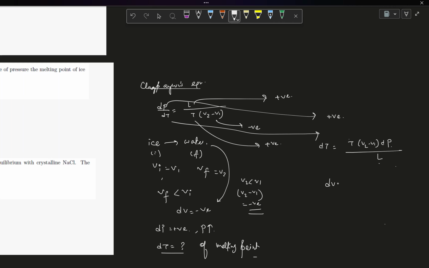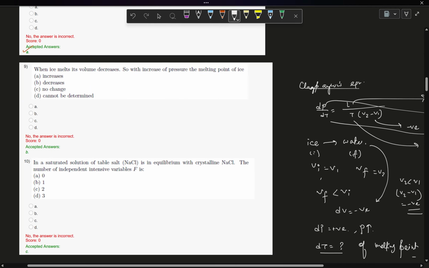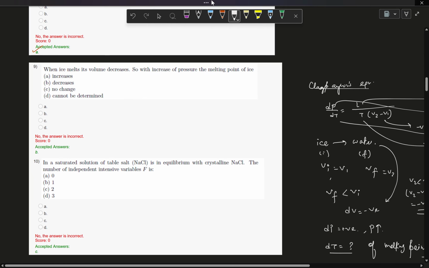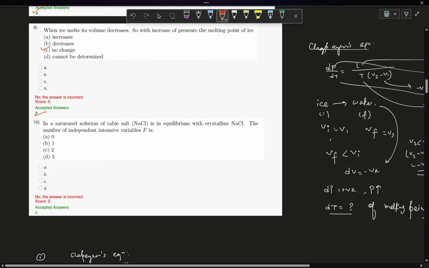So if dV is negative here, or V2 minus V1 is negative, then dT will also be negative. So the answer is that in this case, the melting point temperature will decrease with pressure increase. So the correct answer is temperature decreases.